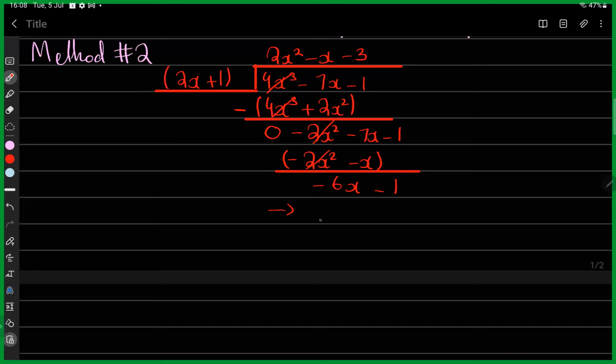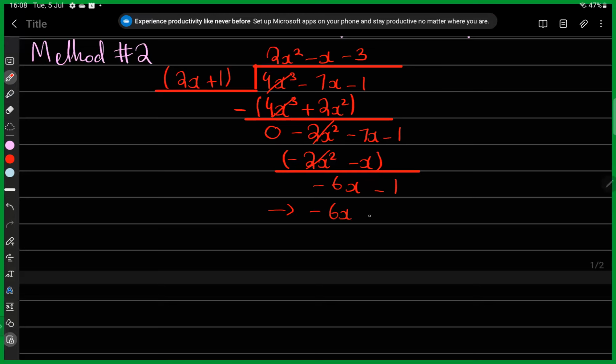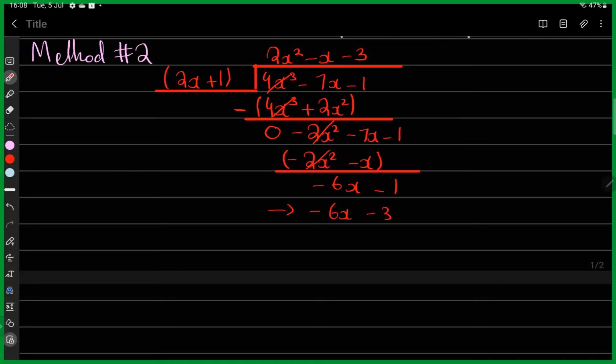So it would give me minus 6x and then minus 3. And now I need to again take the difference. These two would be cancelled and I would be left with positive 2. So this is basically the remainder.